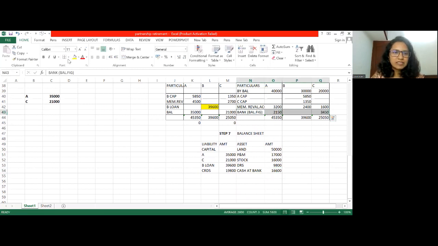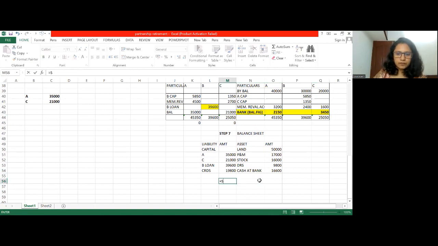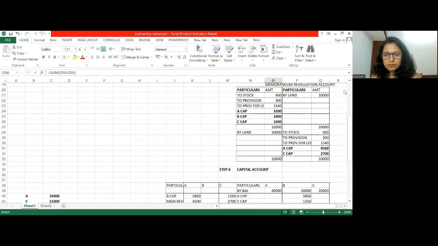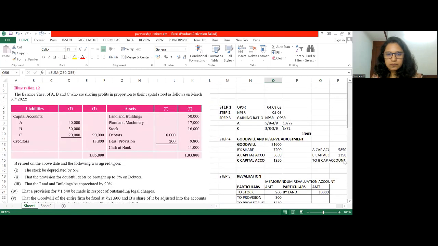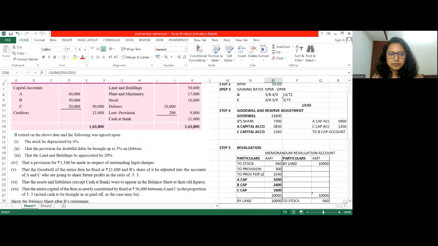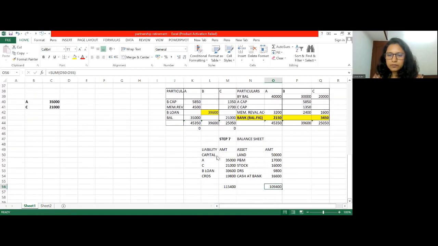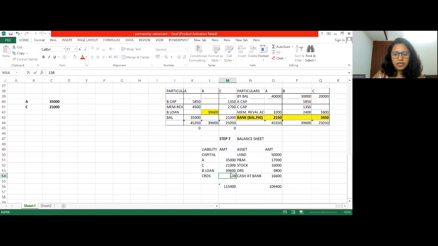This particular balancing figure, which they have to bring in through bank. Creditors is 13,800. Okay.